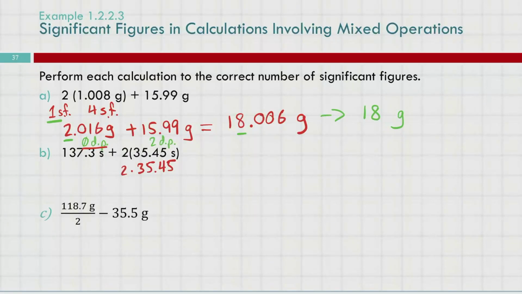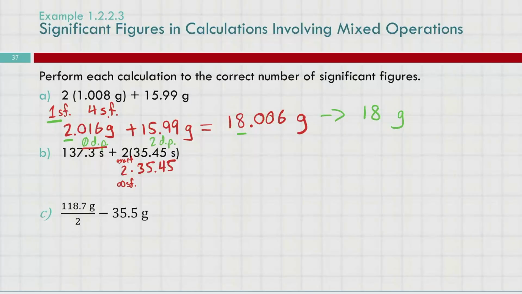It doesn't say that here, but let's just assume that it is, because I think one of these was supposed to have an exact 2. If that's an exact 2, how many significant figures does it have? Infinite, which basically just means ignore the significant figures. We don't have to consider it for that number.